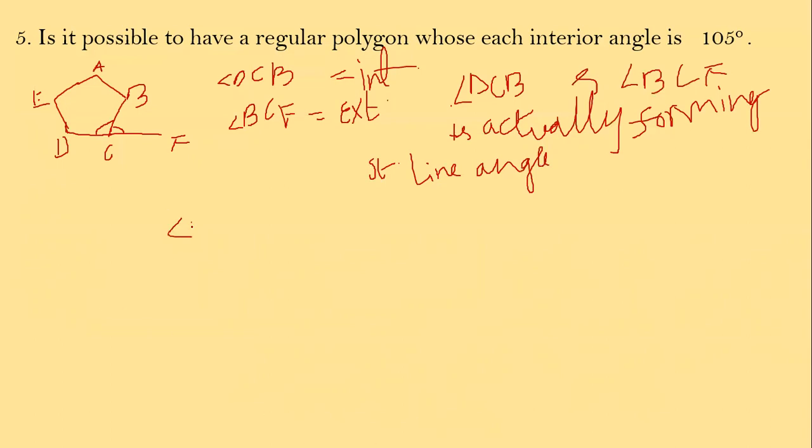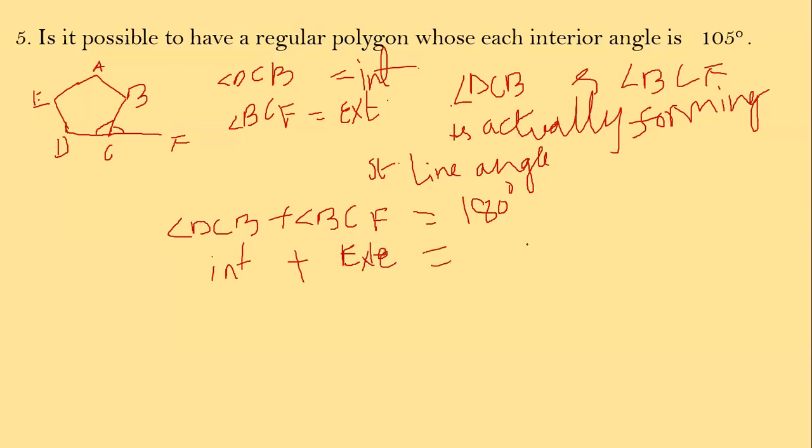Therefore, we can say that angle DCB plus angle BCF is equal to 180 degrees. Okay, or linear pair we can also say, or we can also say it's a straight line angle. Okay, therefore what does it mean? Interior angle plus exterior angle will give us 180 degrees.